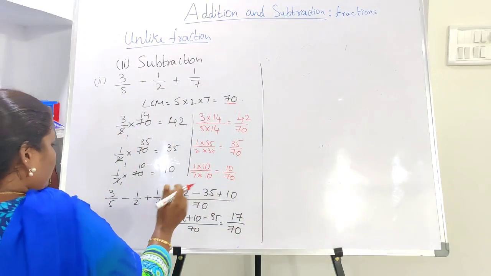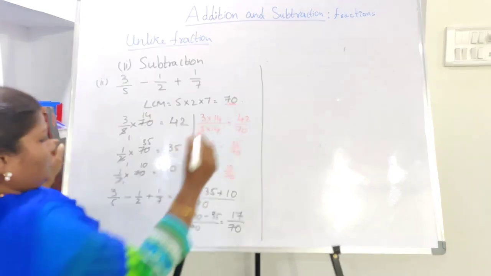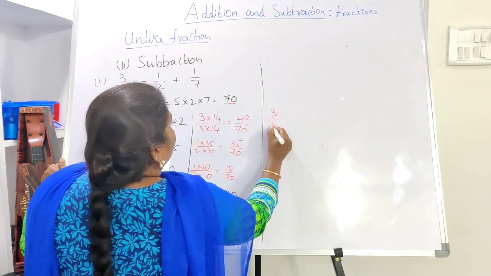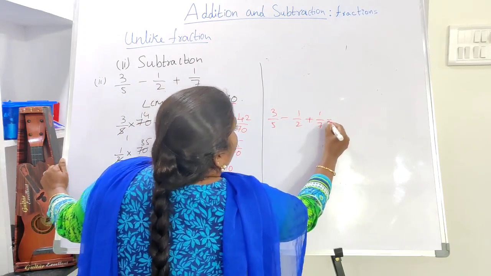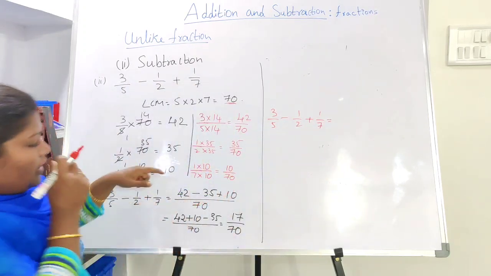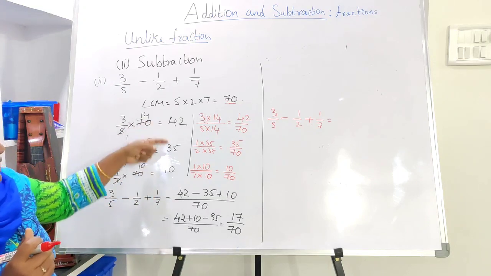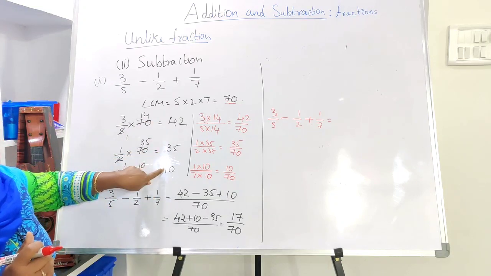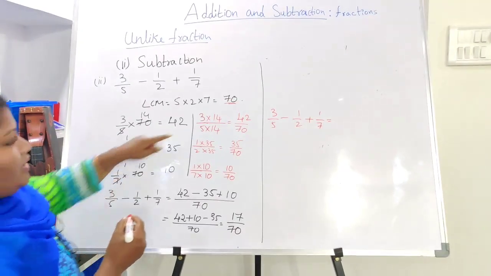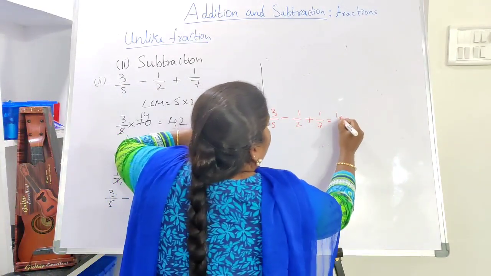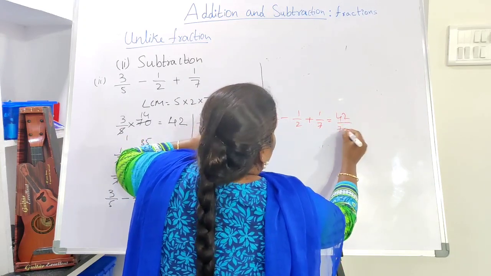Now same process, copy the question, that is 3 by 5 minus 1 by 2 plus 1 by 7, and now here we have only the numerator values and we have written the denominator, so we have 42 by 70.